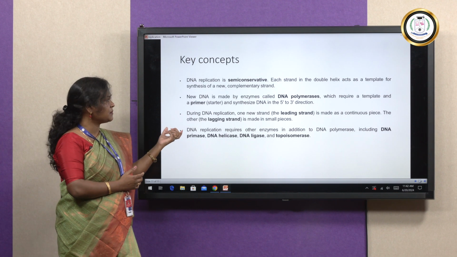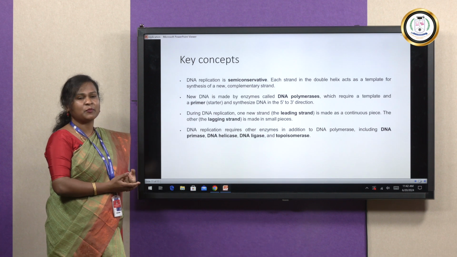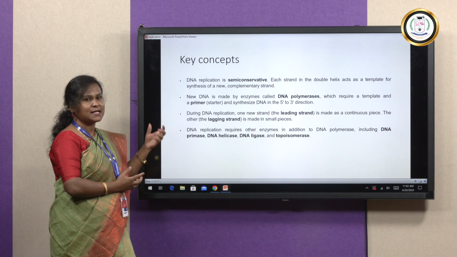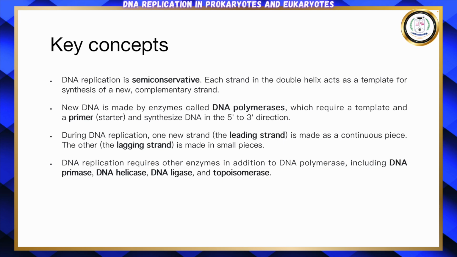And the primer which is placed by the RNA primase is the start of the replication, leading to the synthesis of the daughter DNA from 5' end to 3' end.